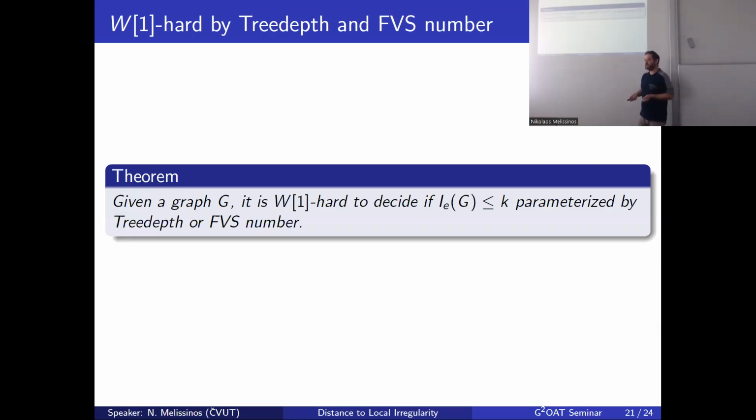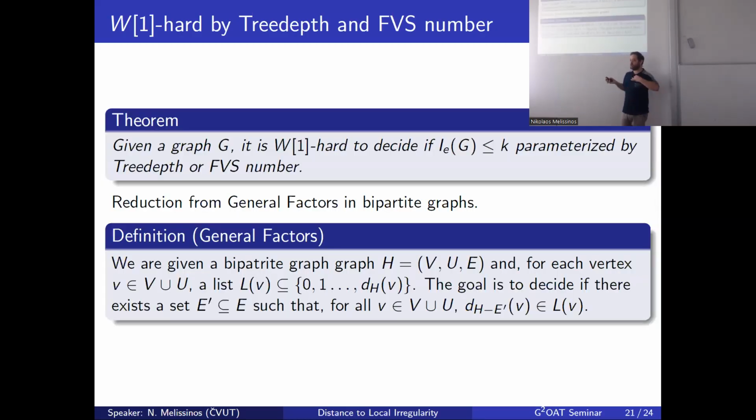So I'm going to present you the hardness parameterized by tree depth or feedback vertex set. And this reduction is based on a problem called general factors. So let me spend some time to give you the definition for general factors.